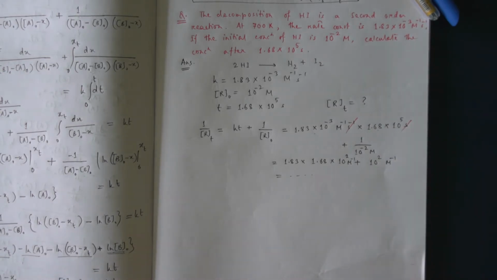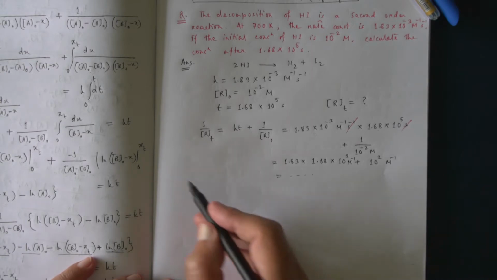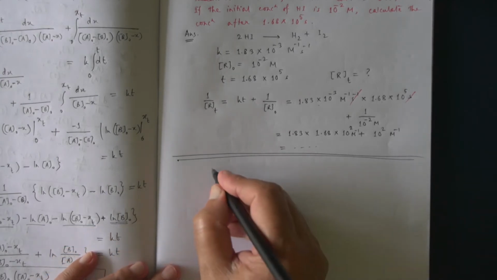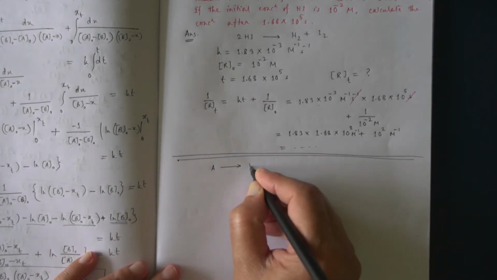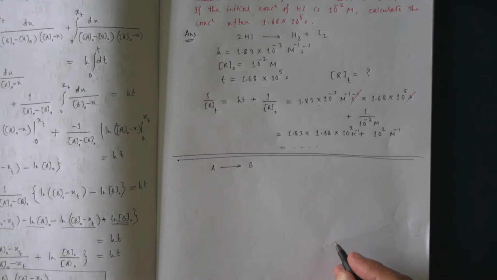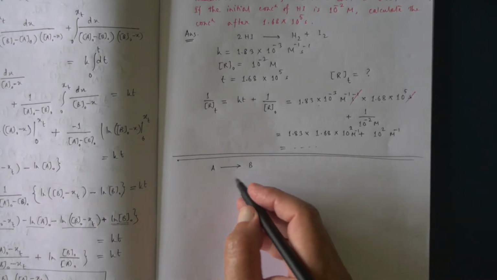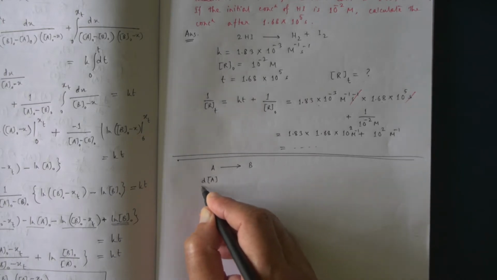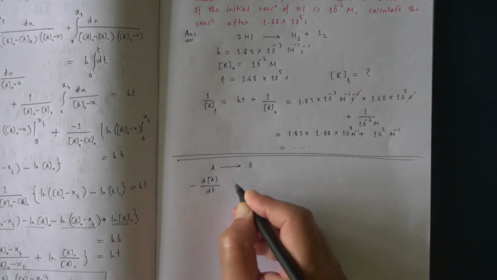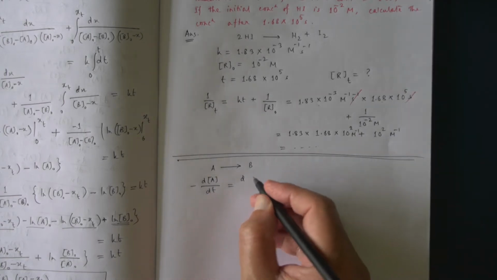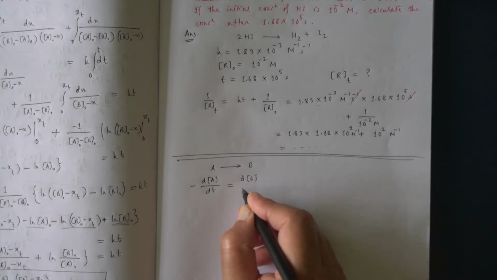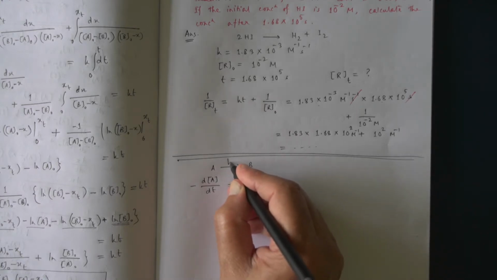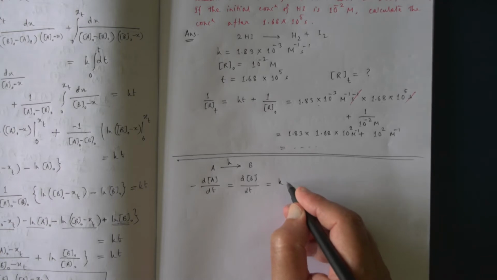Now let us discuss some other things. Say this is a first order reaction, A gives B. If the reaction is this, we know the differential rate equation is this: rate equals k[A].